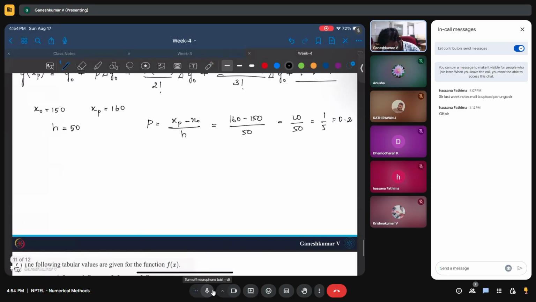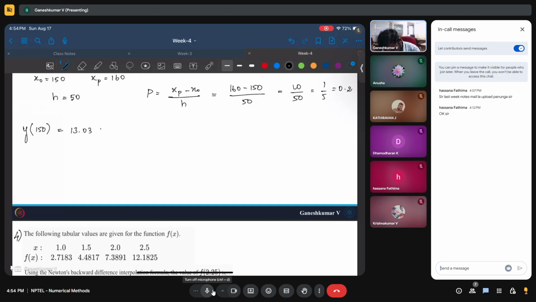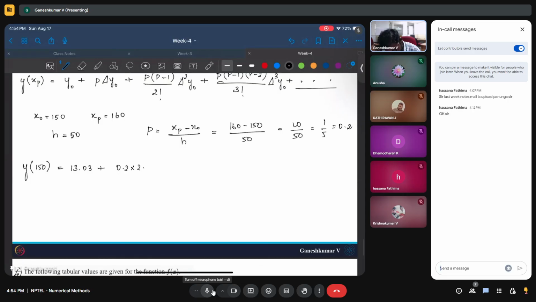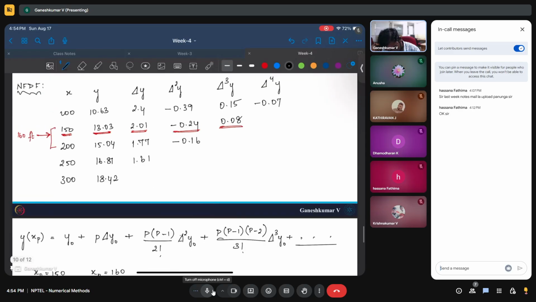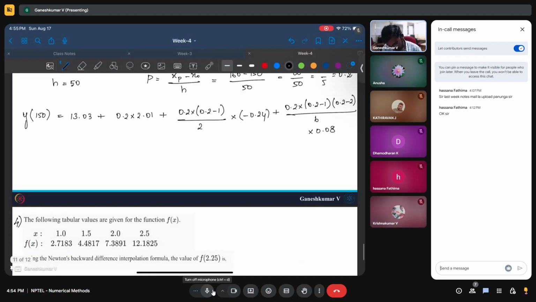So let me write that down. y at xp is equal to y naught, which is 13.03, plus p is 0.2 times 2.01, plus 0.2 into 0.2 minus 1 divided by 2 into minus 0.24, plus 0.2 into 0.2 minus 1 into 0.2 minus 2 divided by 6 into 0.08. Okay, let's substitute this.